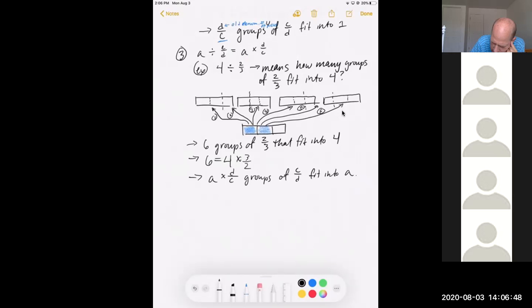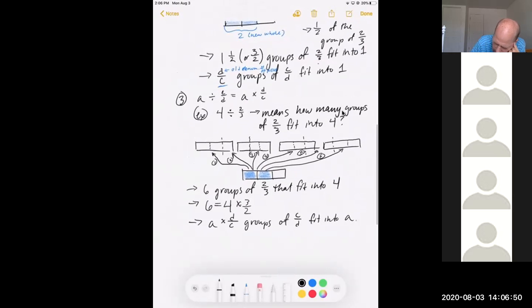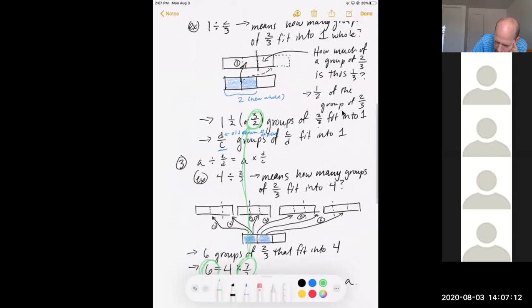So that might be confusing. What I do is look at the answer 6, which is the same as 4 times 3 halves, which is up here. There's 3 halves there. When I take my 1 and divide by the 2/3, that's 4 times the amount as 4 divided by 2/3.